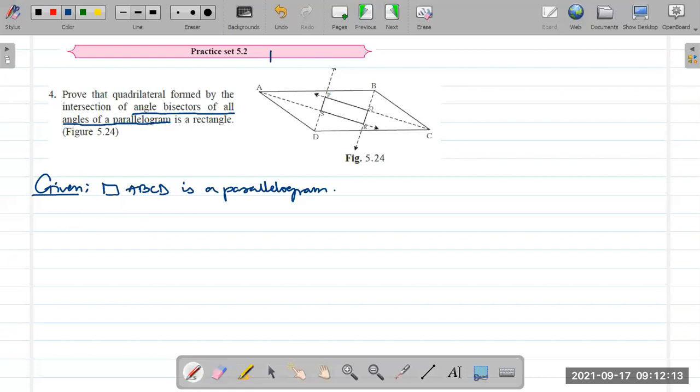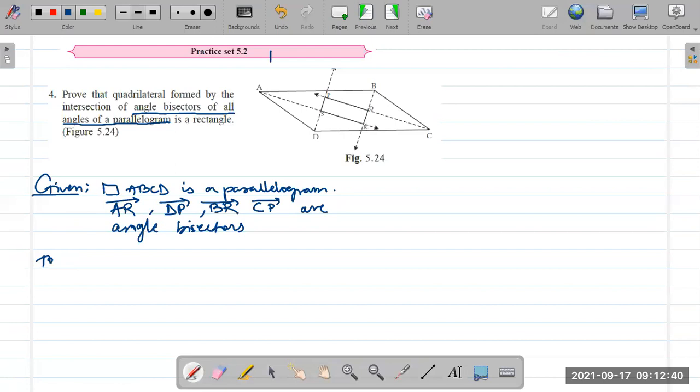So we can label them: ray AR, then DP, then BR, then CP. These are the angle bisectors.